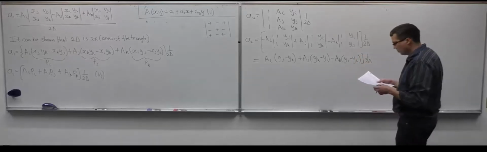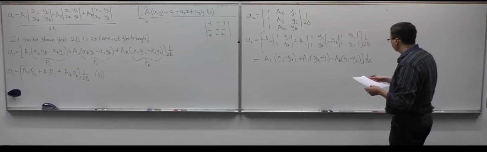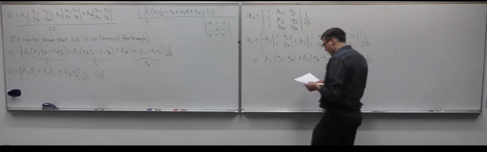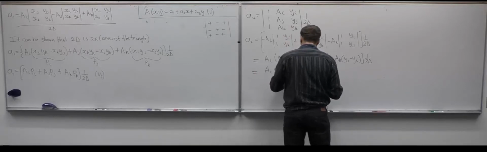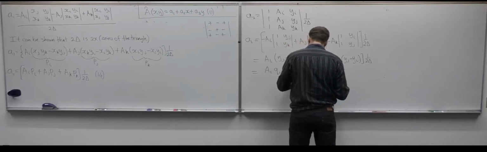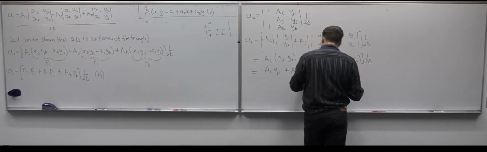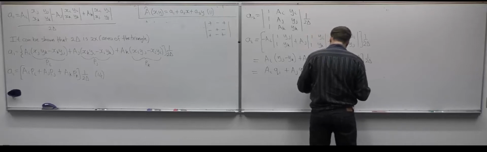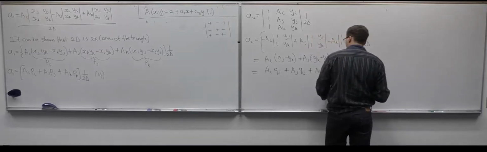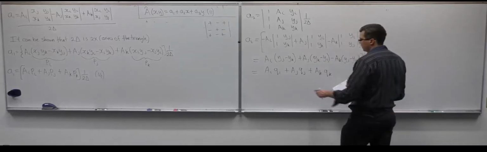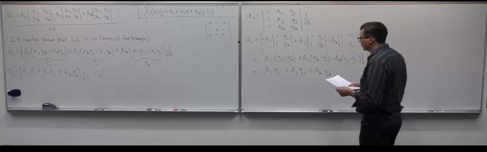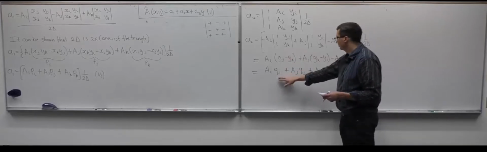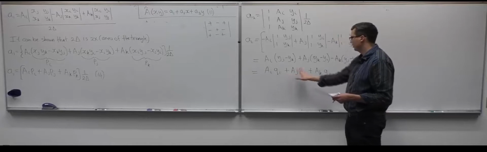Now we can collect terms again, and so that will be a_i q_i plus a_j q_j plus a_k q_k, where these are the coordinates. So that's A2 solved for in terms of the magnetic vector potentials and the coordinate positions.